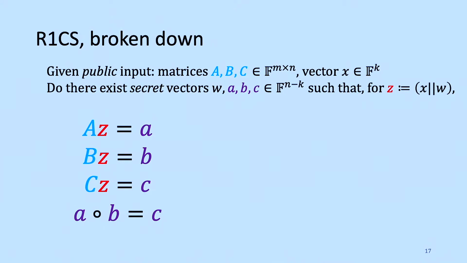So it shouldn't be hard to see that this is the same as the original R1CS problem, just written out in a strange way. And these things up here, I'm going to call lin check because they're linear, like matrix-vector multiplications. And this is called row check because it's a row-wise property, right?